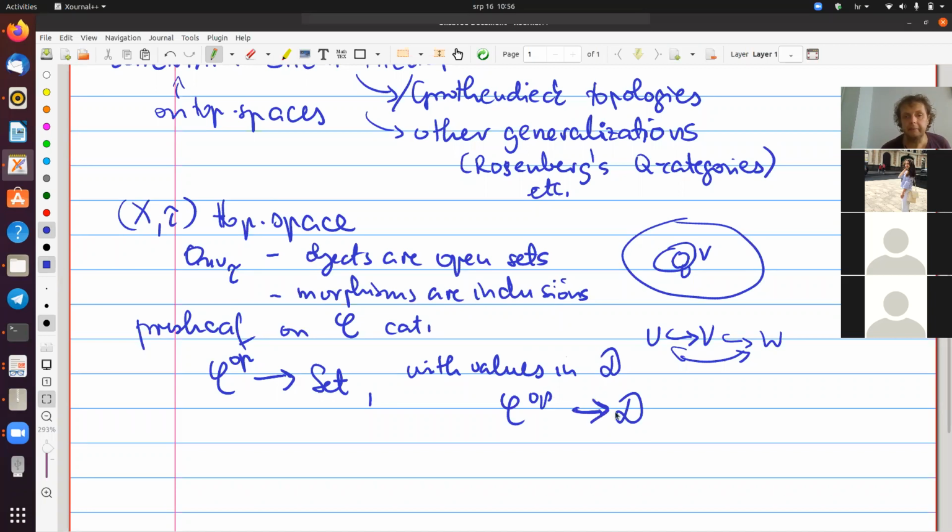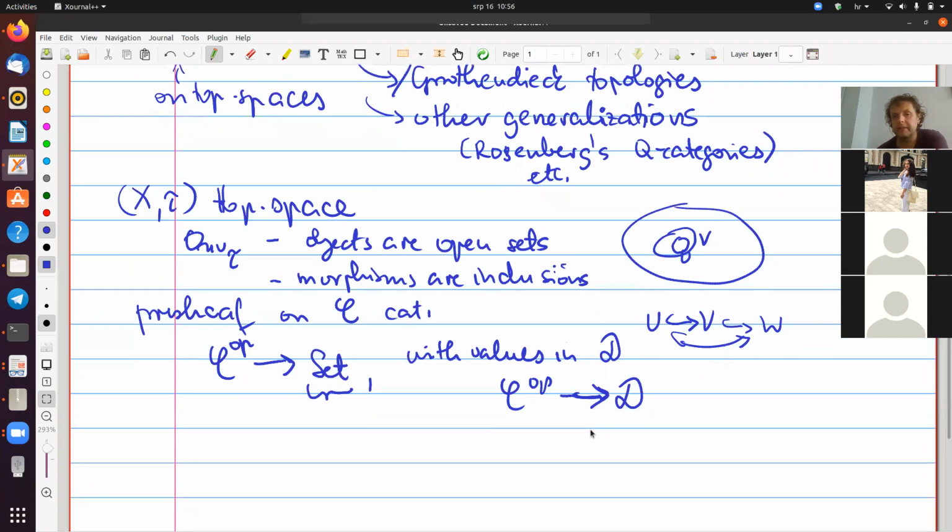But then some things work, some things don't. If it's just sets with additional structures, say groups or rings, then usually things work the same way. But for more complicated categories, some of the basic constructions which I will explain today will not work.